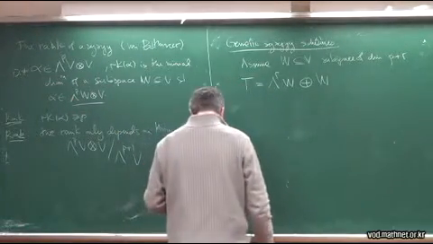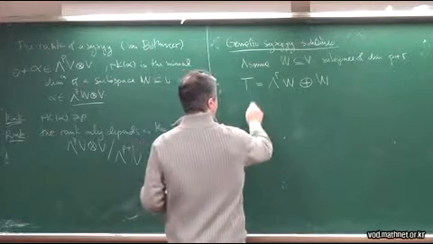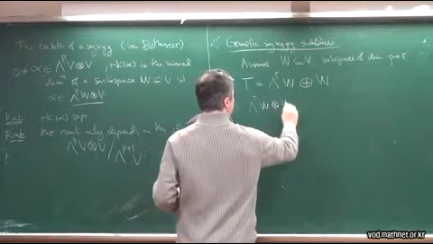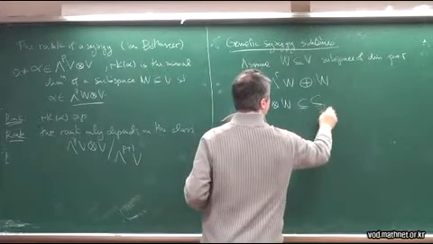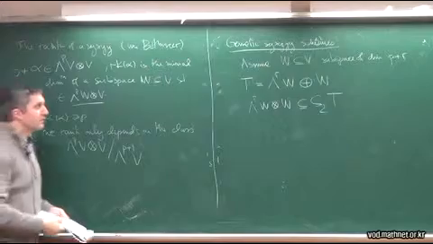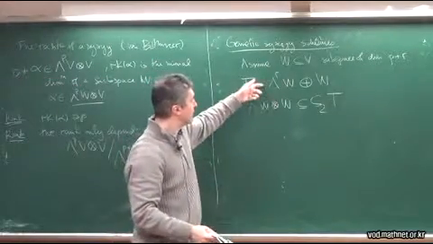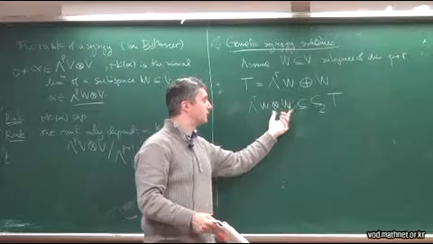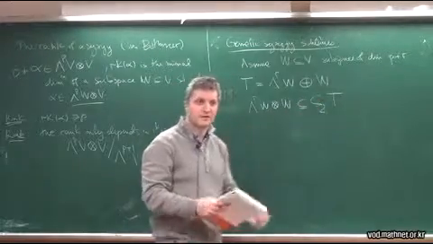And now wedge R of W tensor W is contained in S2 of T, because this decomposes as S2 of the first one plus the tensor product of these ones plus S2 of the second one.